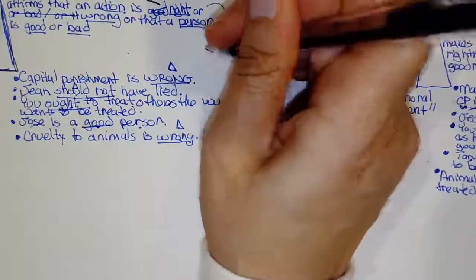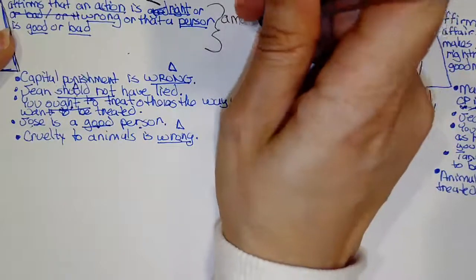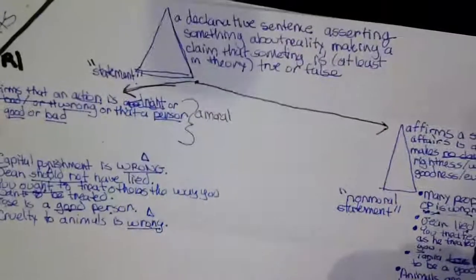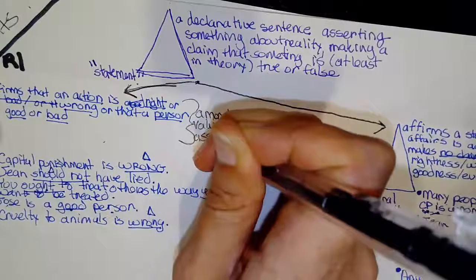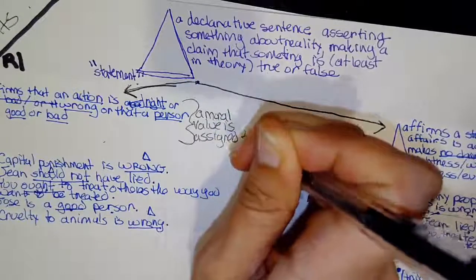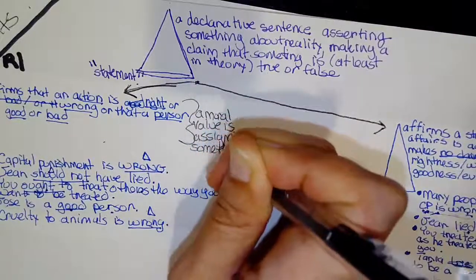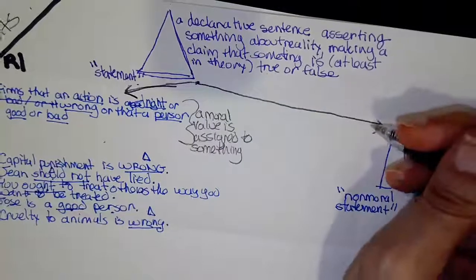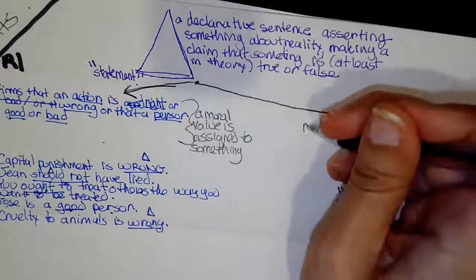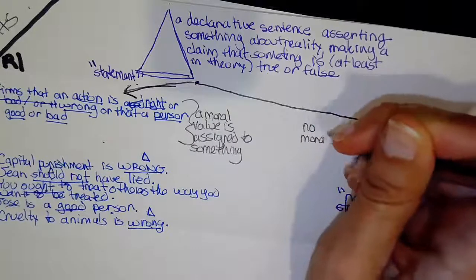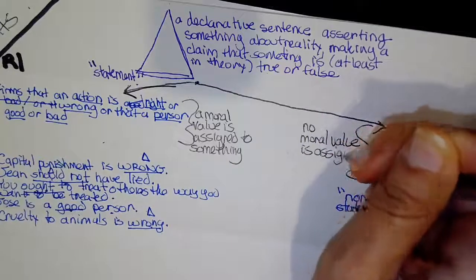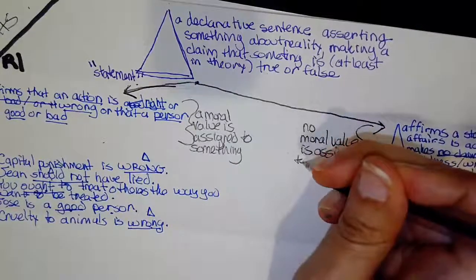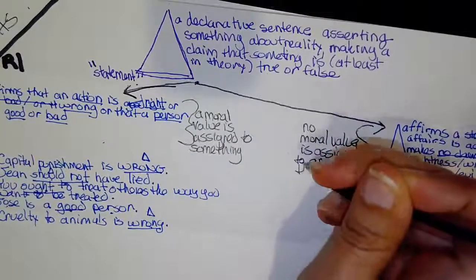Which, by the way, I forgot to add that as a note here. Okay, let's write that. A moral value is assigned to something. Okay, but here, no moral value is assigned to anything.